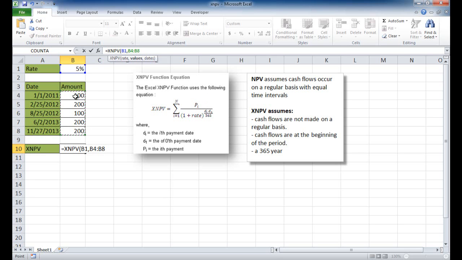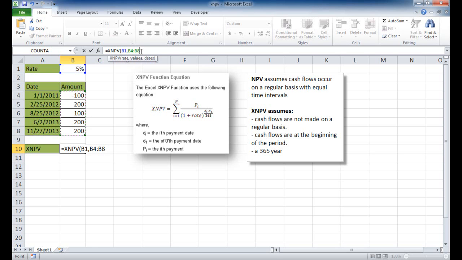But with the XNPV function, that initial cash outflow, the money that we're using for the investment, in most cases gets included as part of the function. And so I think the folks over at Microsoft understood that it's probably better to put that in part of the function rather than have people add it in or subtract it later on outside of the function. So that's a little bit of change for XNPV versus the NPV function.